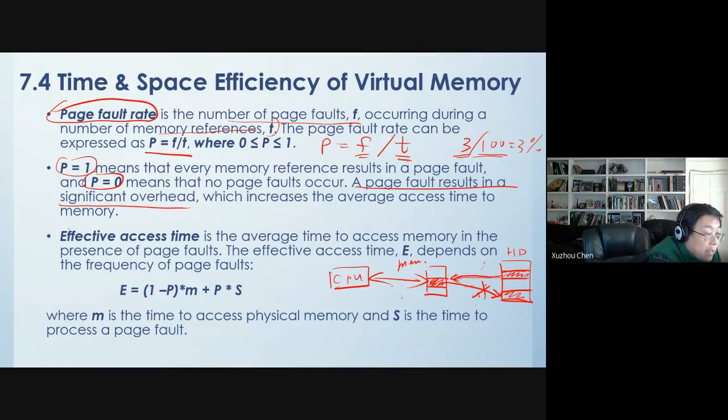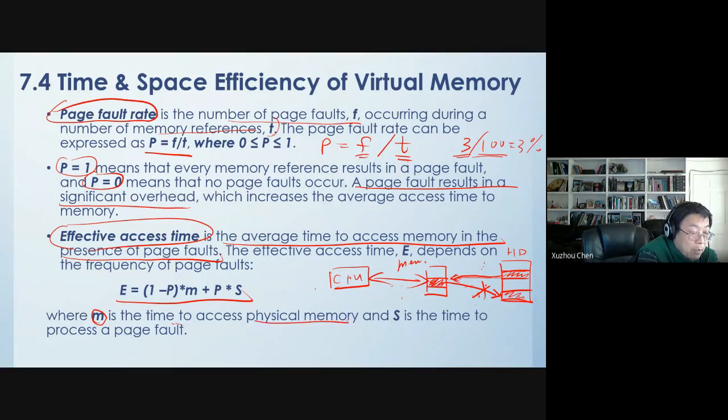So the effective access time is the average time to access the memory in the presence of page faults. Okay, so this is the formula. That's the effective access time. M is the time to access physical memory, and S is the time to process a page fault. And S is going to be dramatically larger than the physical memory access time.